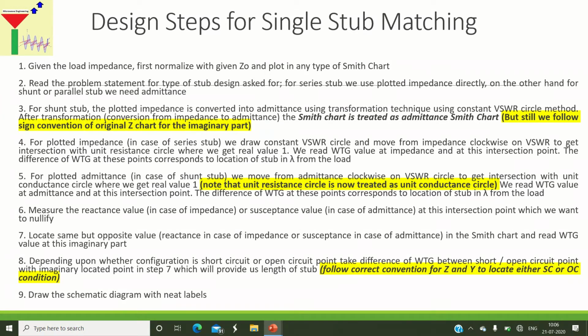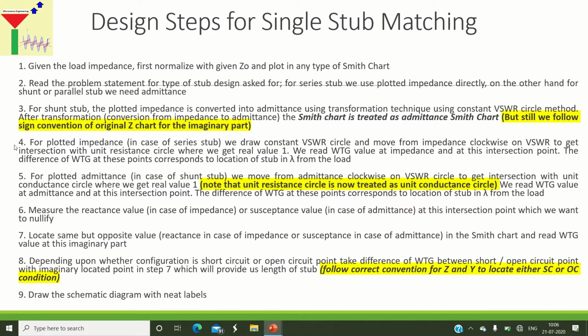This imaginary part, which we have got at the intersection point, we want to remove, because we want to make the value purely equal to 1. So in order to remove the imaginary part, we need to add the same imaginary part with opposite polarity, right?